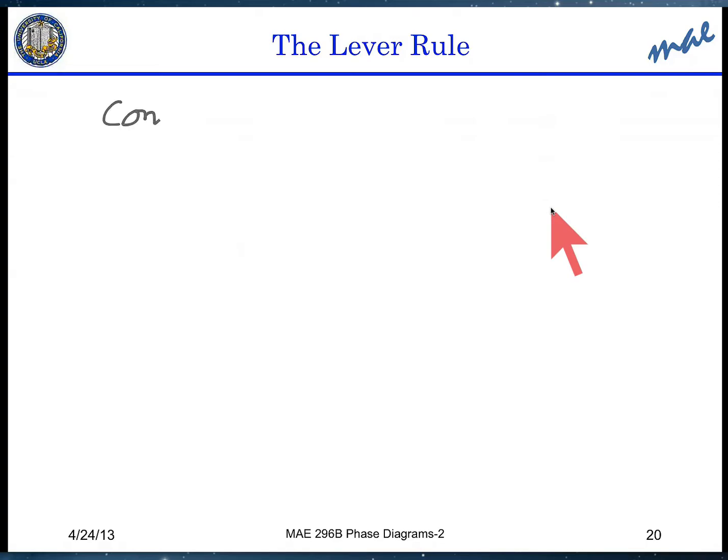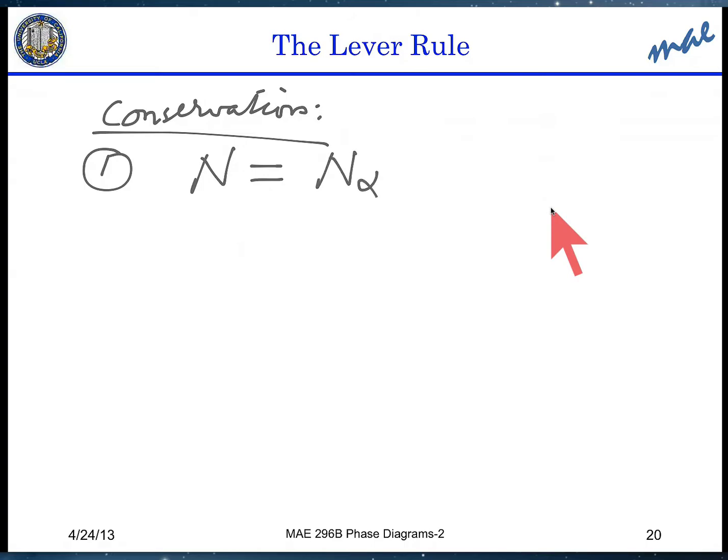So the first is a conservation equation for the number of moles: the total number of moles is split between the alpha phase and the beta phase. So these are the moles in the alpha and the beta phase. The second conservation equation is a conservation of species.